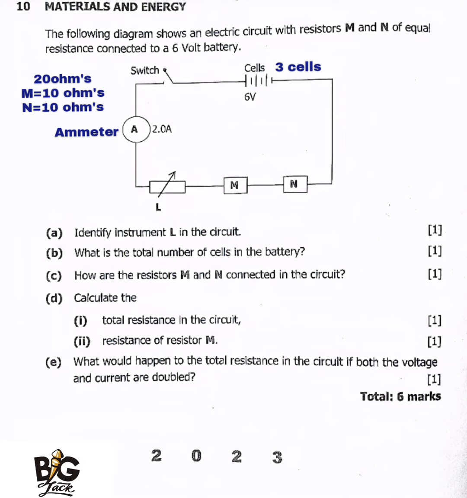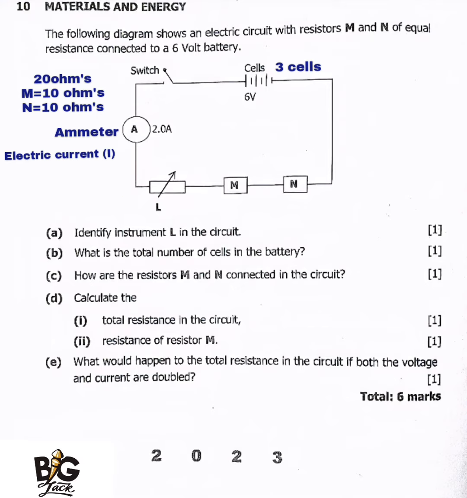For electric current, we use capital letter I. Electric current is measured in amps or amperes, denoted by capital letter A. So whenever we see a number like 2.0 A, with capital letter A, that denotes amps for current.